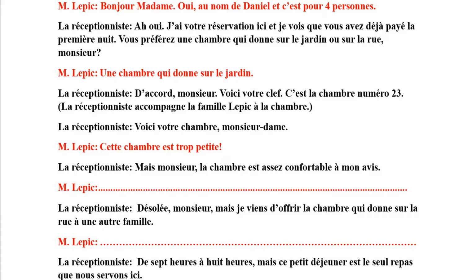So let's look at our cues. Again, remember, whenever you're going to give a response, always refer back to your cues. This is important. Always remember this. Referring back to your cues is essential to know if you're putting the right response for Monsieur Le Pic.